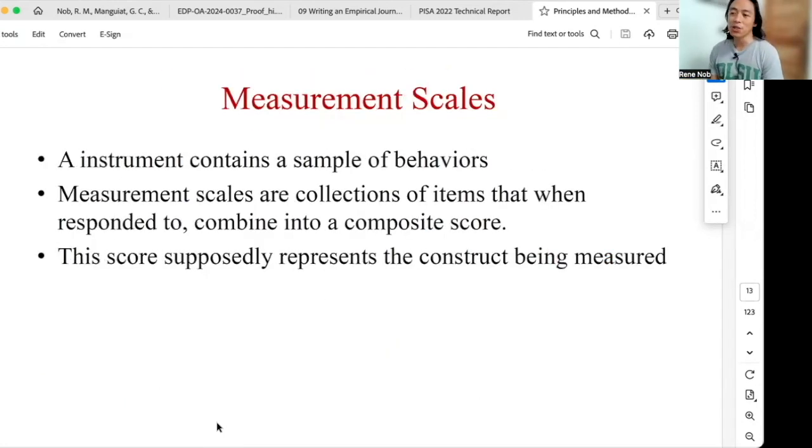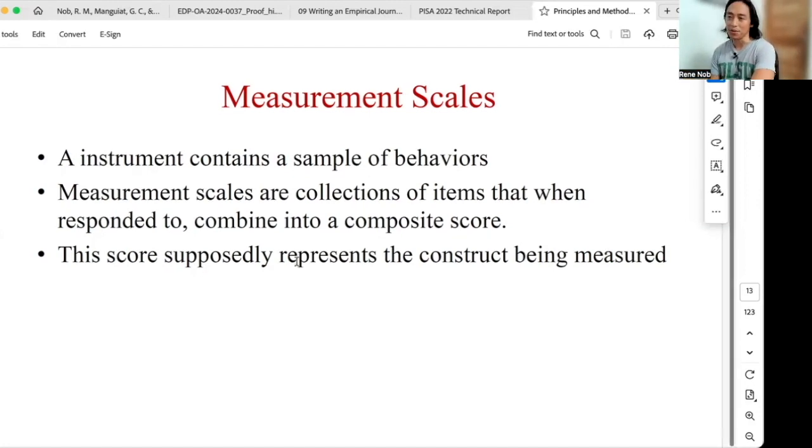Measurement scales are a collection of items that when responded to, whether you agree or disagree, whether you do it never, rarely, sometimes, often, almost always, and of course these ratings have a corresponding numerical value, and when you combine them, they generate a score or a composite score.